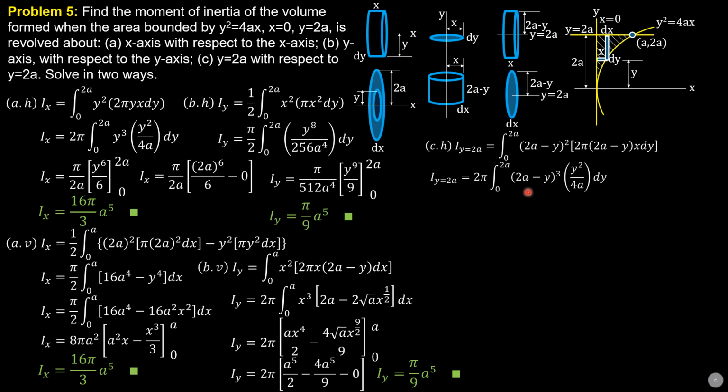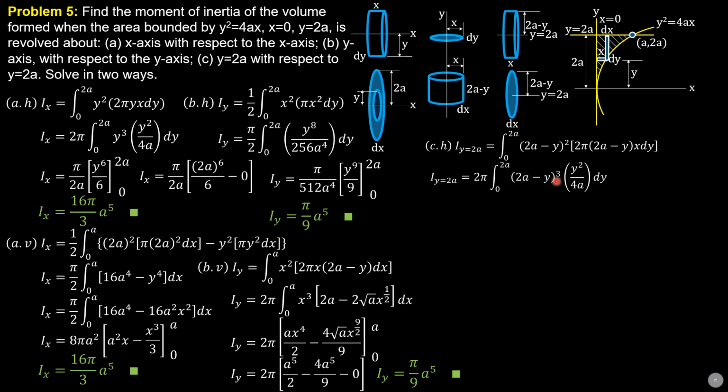Again, the first term is 8a cubed times y squared. So this is pi over 2a, integral of 8a cubed times y squared, 8a cubed y squared.